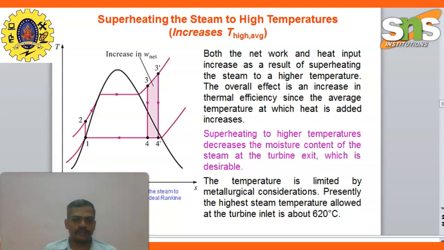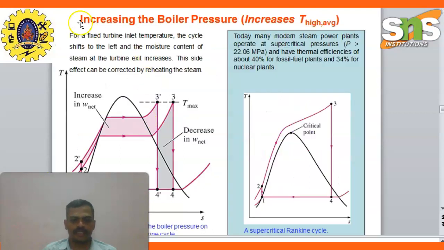Next is increasing the boiler pressure. As on the two images, the effect of increasing the boiler pressure on the ideal Rankine cycle, superheated Rankine cycle. For a fixed turbine inlet temperature, the cycle shifts to the left and the moisture content of the steam at the turbine exit increases.